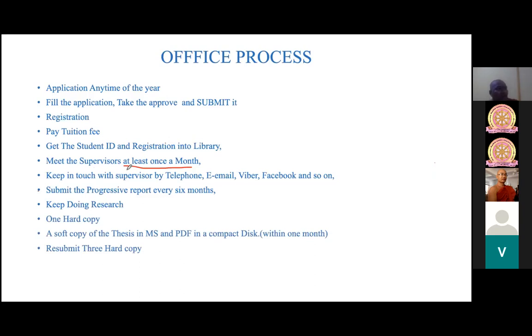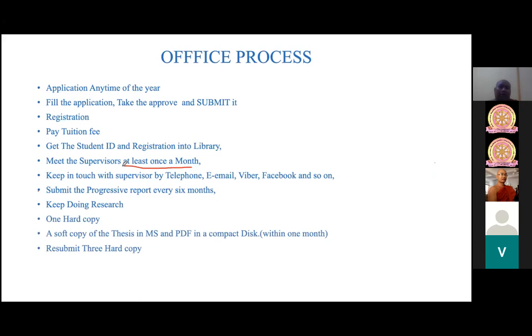Another thing is, if we are writing, sometimes we could not complete it, or could not write enough to discuss with our supervisor. Therefore, we cannot meet, even though they said we should meet once a month. Sometimes it is once in 3 months, once in 6 months.